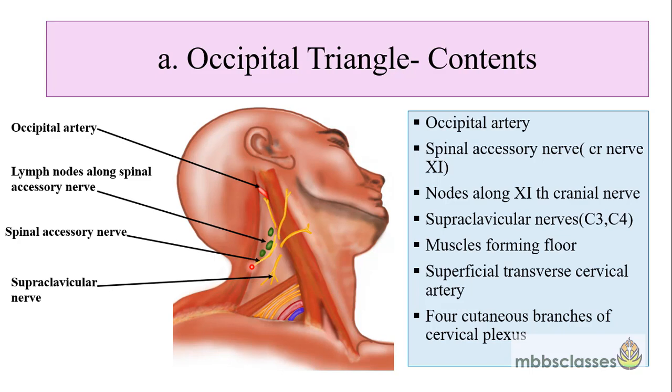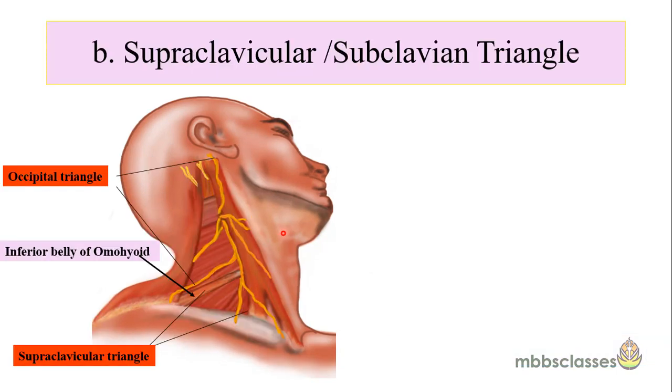Then we get the nodes around this spinal accessory nerve. Another content is the nerves like the supraclavicular nerve, and the muscles which form the floor of the posterior triangle. The other contents are the superficial transverse cervical artery and the four cutaneous branches of the cervical plexus, which pass from the posterior border of the sternocleidomastoid.